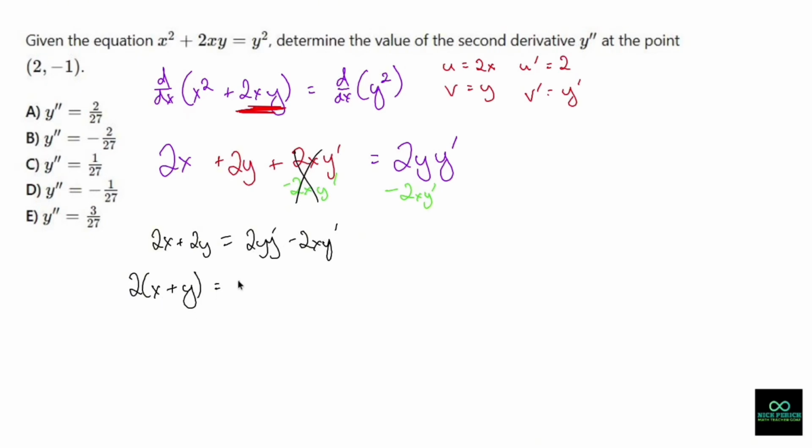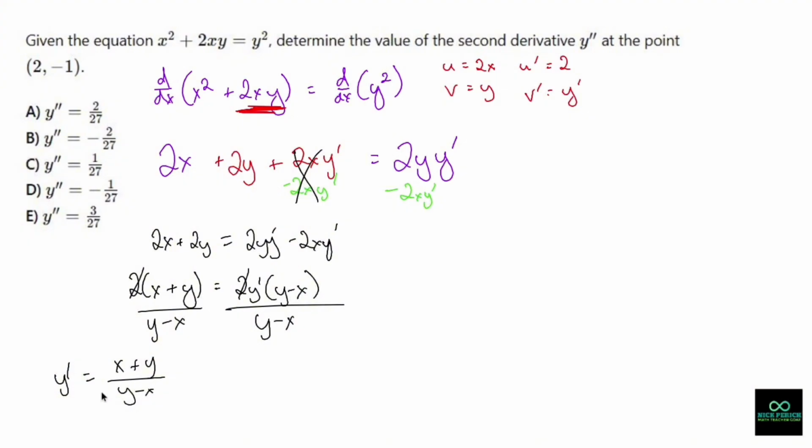Factor out a 2 and a y prime on the right, and that gets us y minus x. Divide both sides by 2. Divide both sides by y minus x. And y prime is going to be x plus y over y minus x.